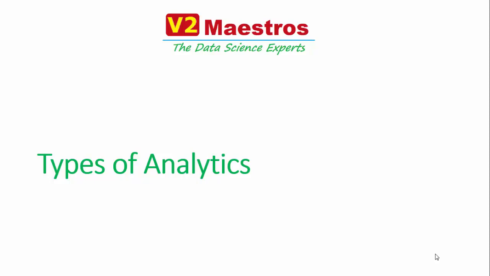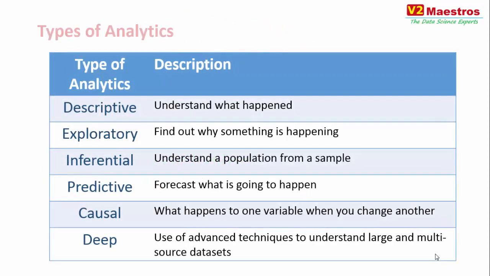But there are a number of types of analytics that you would keep hearing all the time. So just to make sure we all understand what are the different types of analytics that exist today in the parlance. The first type of analytics is called descriptive analytics, and this is just understanding what happened.